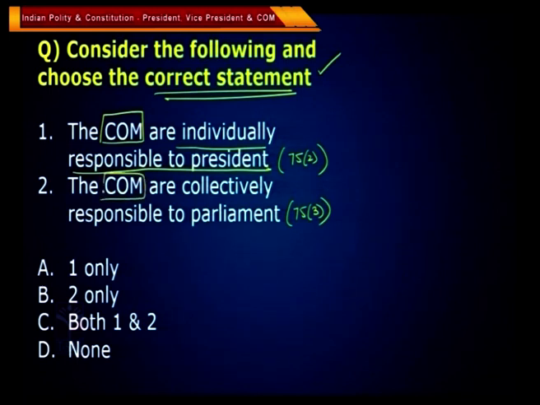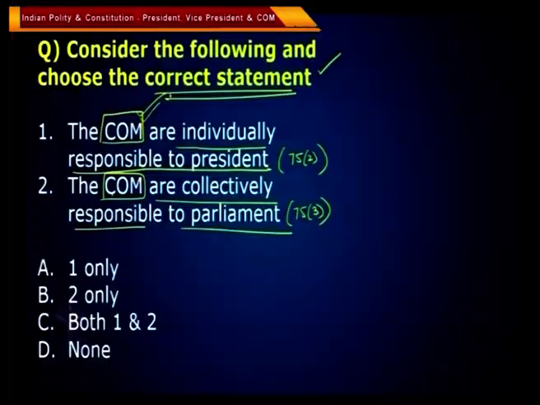The Council of Ministers are collectively responsible to Parliament. According to Article 75 Clause 2 of the Constitution, all the Council of Ministers, including the Prime Minister, are appointed and can be removed by the President of India. Point number 1. Point number 2.